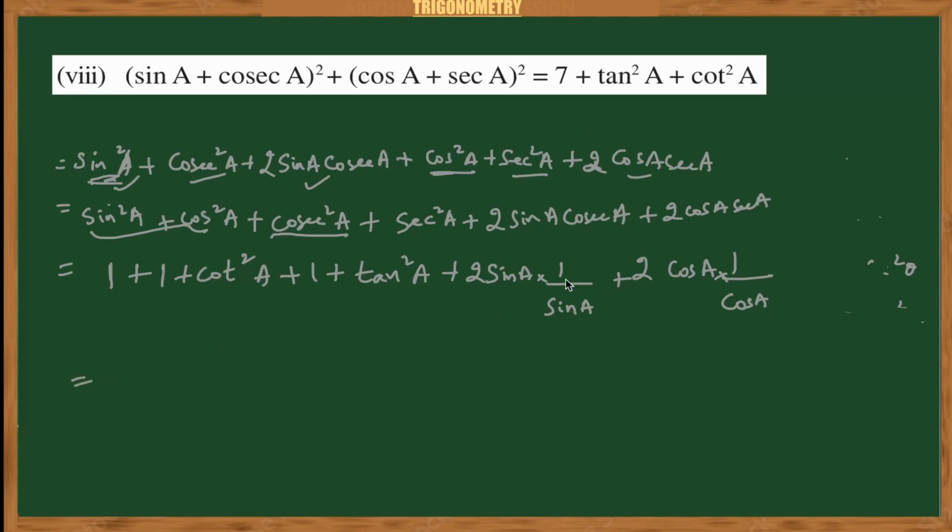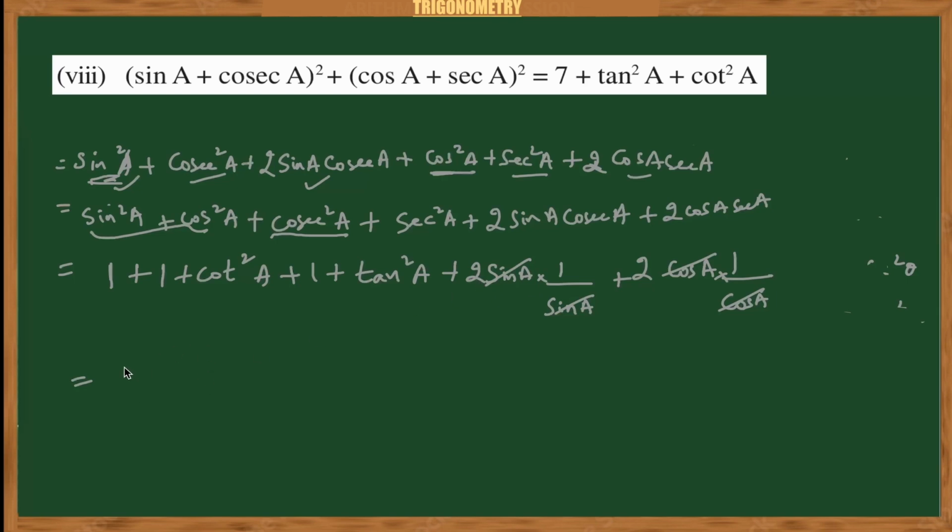So let's simplify. Sin a gets cancelled, cos a gets cancelled. Let's try to simplify further. We have 1 plus 1 is 2, then we have 3, then this is cancelled, 3 plus 2.